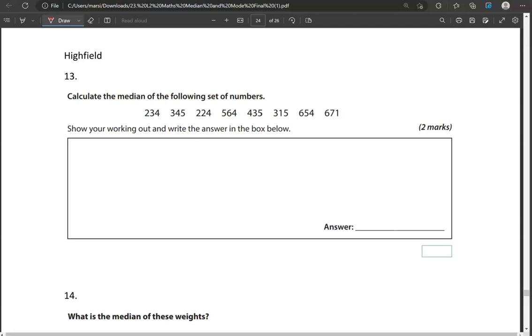So 224, then 234, 315, 345, 435, 564, 654, and 671.